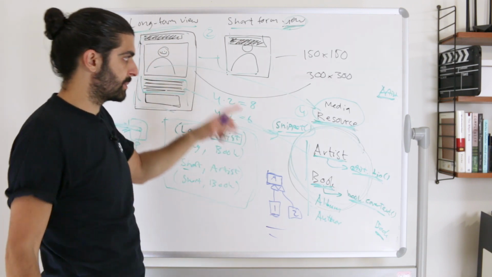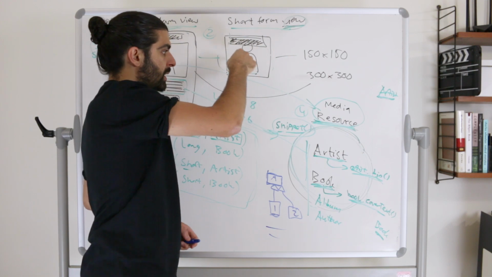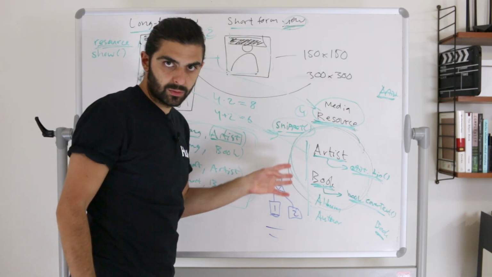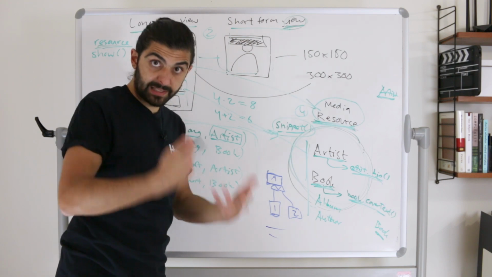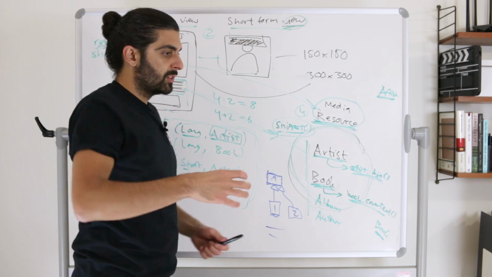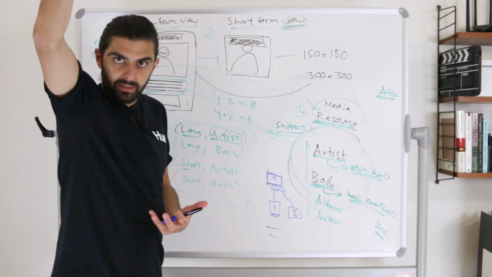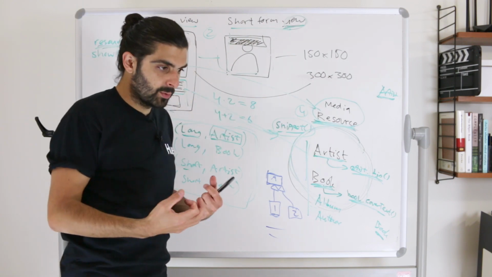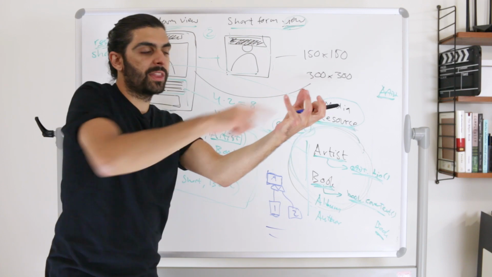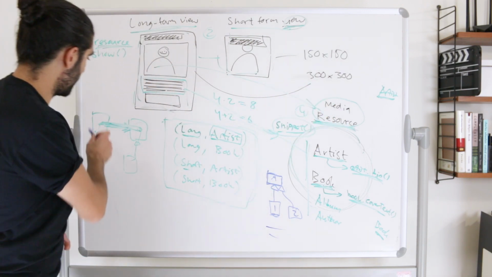So that's a slight divergence, but the point I want to emphasize is again that the fact that the short form view doesn't use the snippet method from the media resource does not mean that we're breaking the interface segregation principle, because it's not that the short form view does not want to implement one of the methods that it's forced to implement from above. It's that the short form view has something, and it doesn't want to use all of the things that the thing that it has. Sorry, this is very confusing. Think about the bridge.